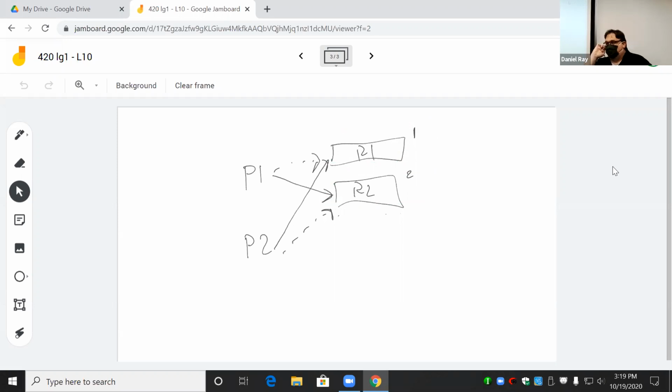Yeah, it will. Okay, so should we do that? That's going to attack the circular wait. Should we do that? Will that work? Thoughts about the practicality of it?